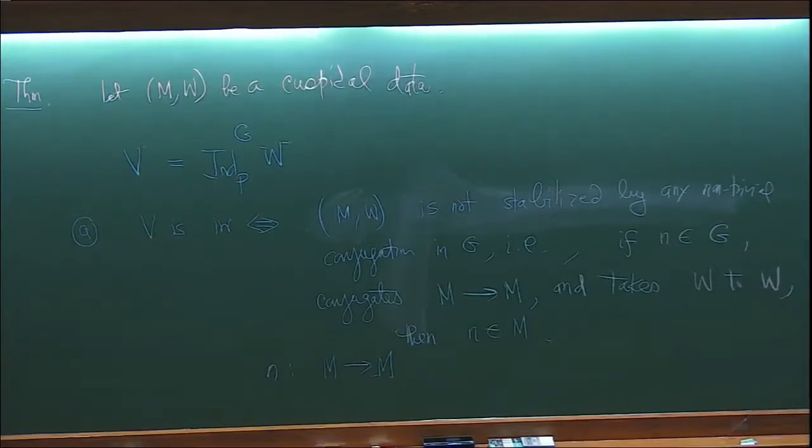So in this theorem, maybe this was any arbitrary element of the group G, which normalizes M and which takes W to W. And this one says more precisely that you need not look at all elements of G, but only those elements which are in the Weyl group.